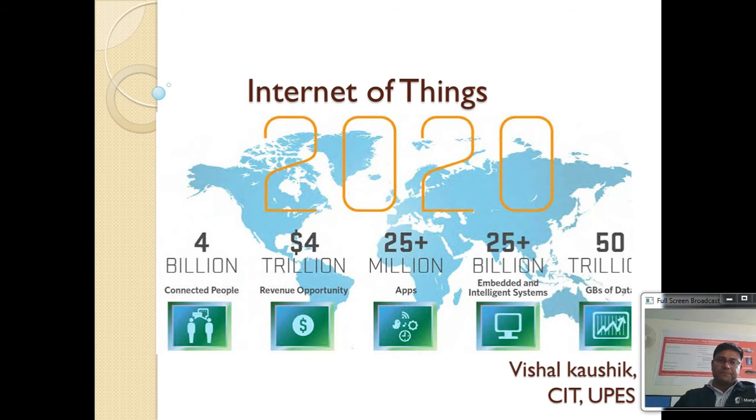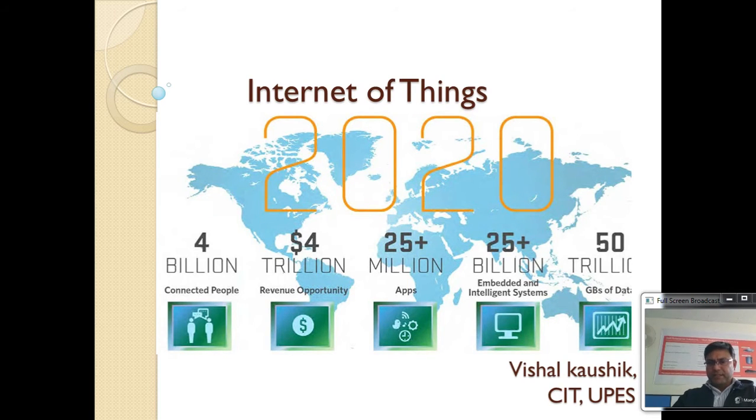So, if we look at the year 2020, there would be 4 billion people connected together through the internet. The total revenue would be a hefty amount of money: 4 trillion US dollars would be available for harnessing by the people in the industry or business of Internet of Things.